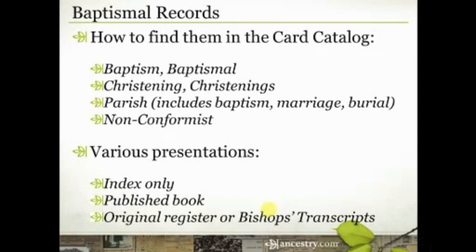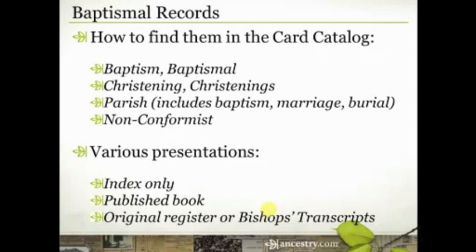A lot of the parishes would keep a record, and then the priest or a secretary or somebody would transcribe those records, meaning they would create a copy in another book that they could then send on to the church or to the government. And so they have these extra copies.